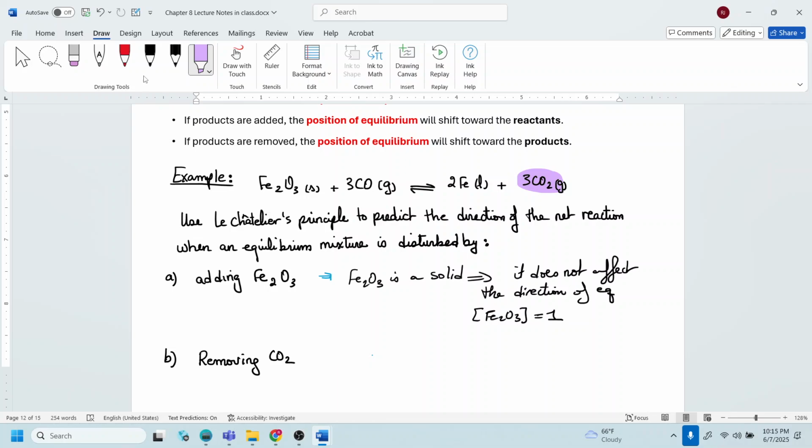We would say that the equilibrium here is going to be pushed to the right, from the reactants to the products. It's going to go from the reactants, always give to the poor, to the poor side. So reactants to the products.